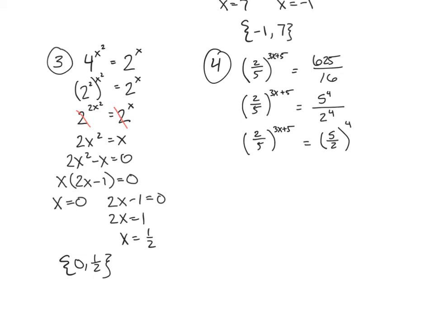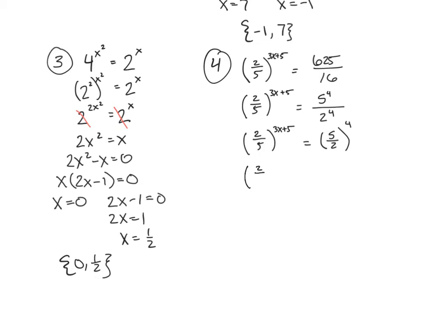Now, here's the problem. The bases have to be the same, and we're really, really close, but we're not quite there. We need to find a way to switch this 5 and this 2. And a way that we can switch that is if we put this to the power of a negative exponent. So instead of making this 4, we can make this -4. The step I'm about to do, you can combine the next two steps if you want.